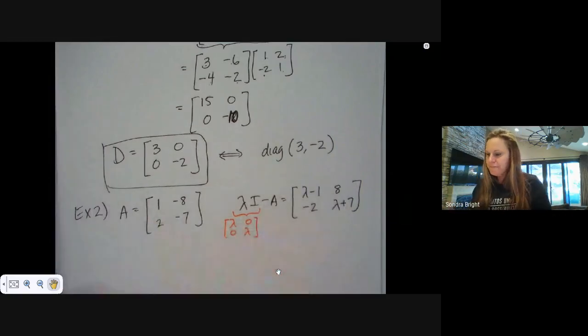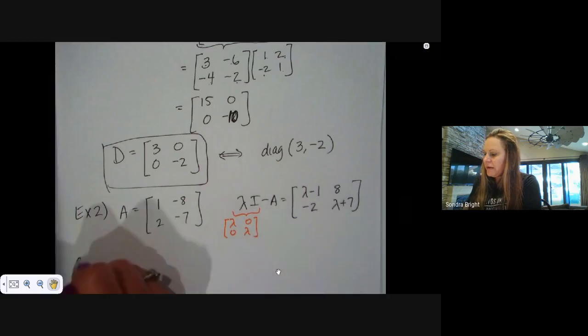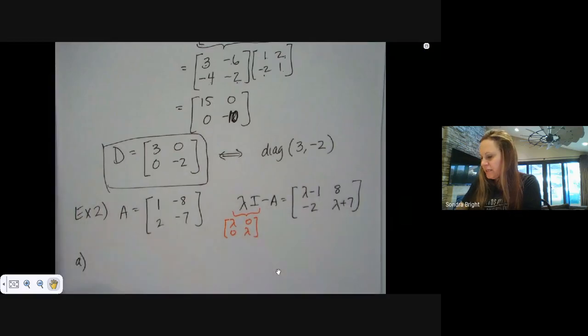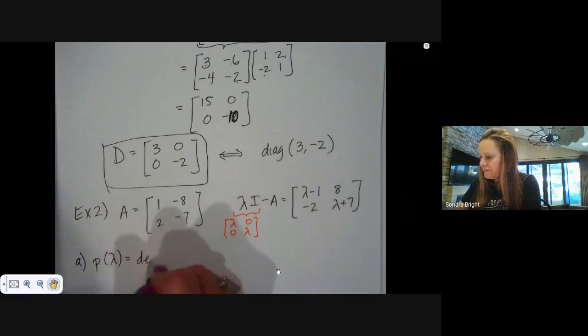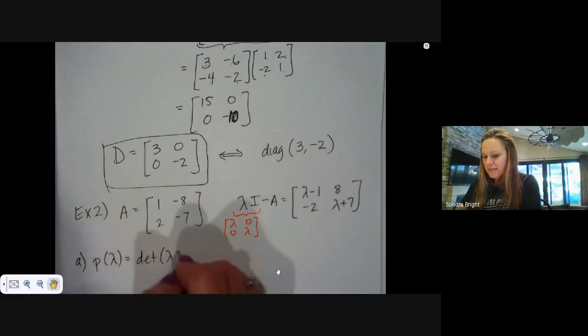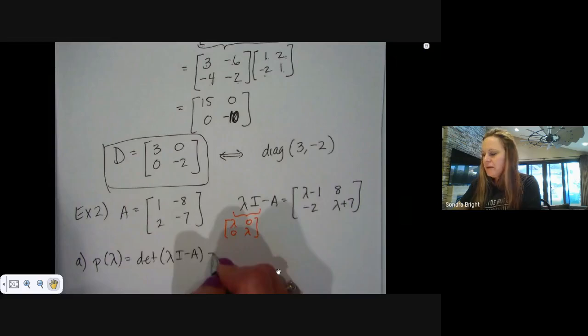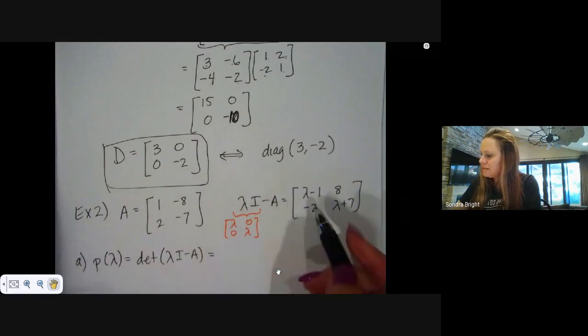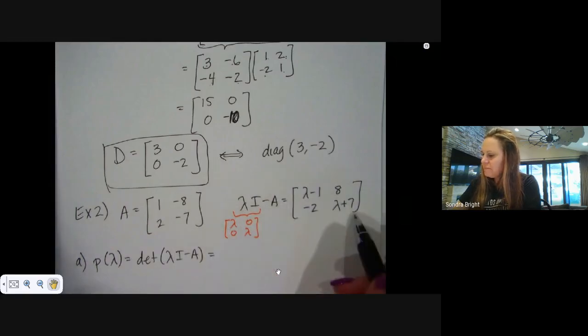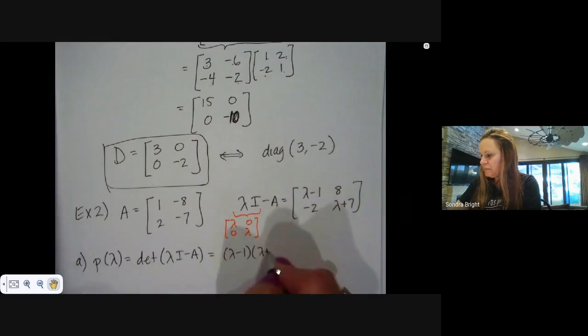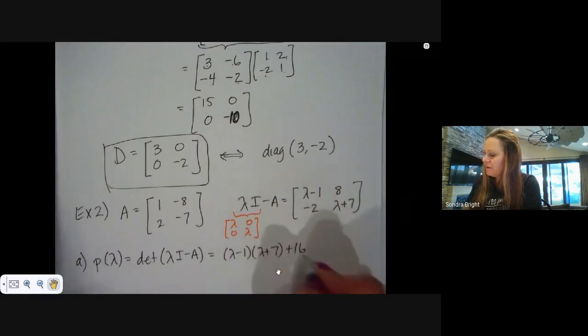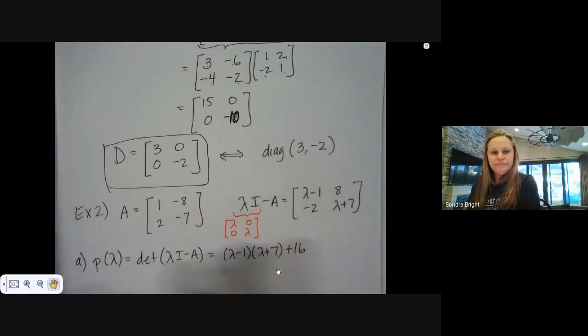But okay, so we got that, and then to find your eigenvalues, you find the characteristic polynomial, which is, remember, the determinant of that matrix I just found. That's going to be multiplying down the diagonal, lambda minus 1 times lambda plus 7, and then minus a -16, so plus 16. And we want when that's 0.